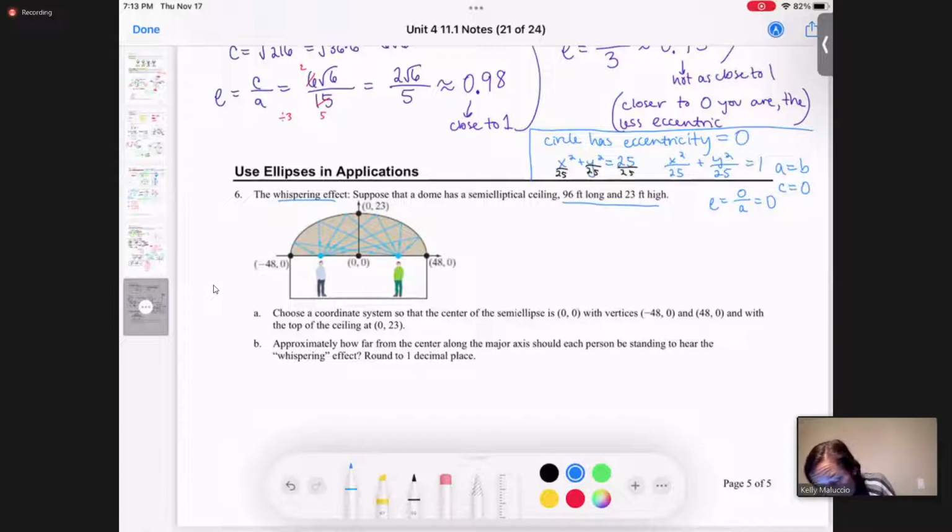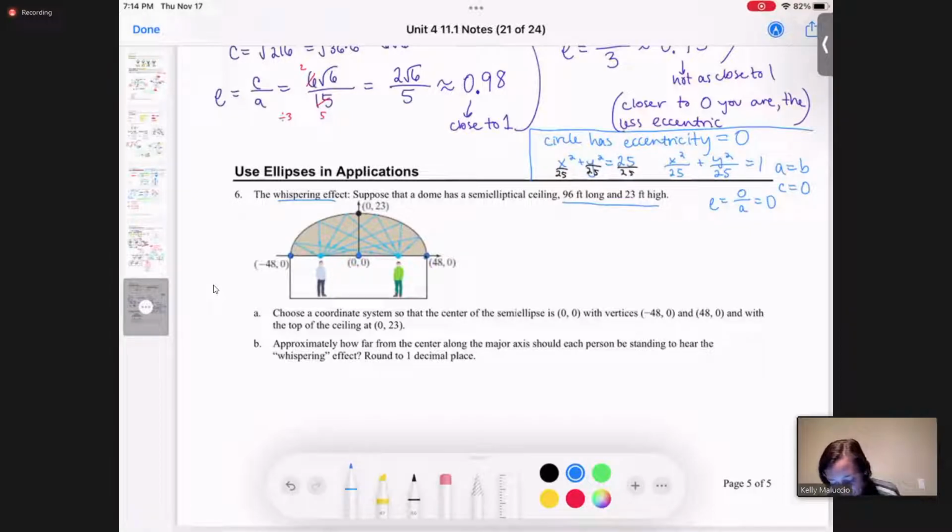They said put 0, 0 in the center. If it's 96 feet long, then the endpoints are 48, 0 and negative 48, 0. So they created this graph out of this dome with half of an ellipse, semi-elliptical.